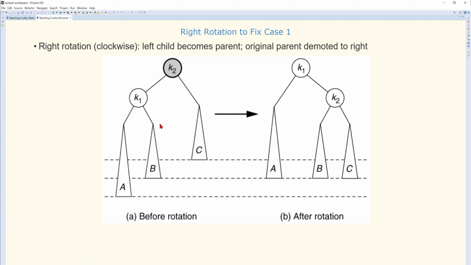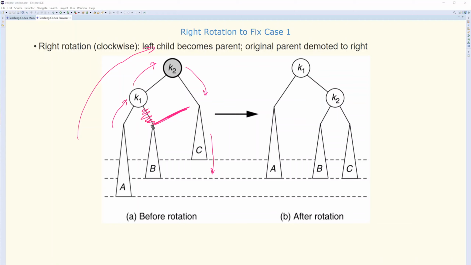So actually, the right rotation is explained in the slide once again. Drawing it once again, we're doing a right rotation. So K2 goes down together with C, K1 goes up together with A, B remains here, but B gets adopted.